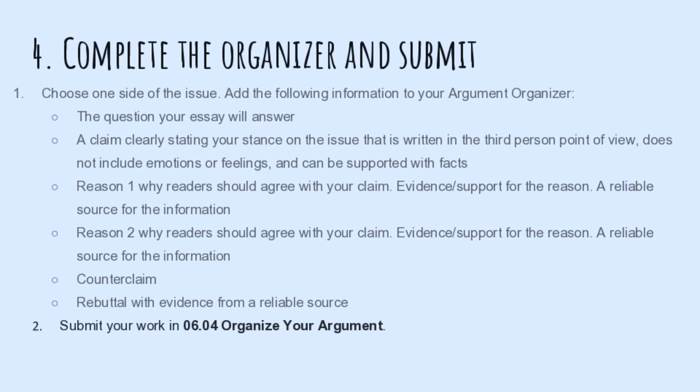Reason 1 why readers should agree with your claim, evidence, a reliable source. Reason 2 why people should agree, evidence, a reliable source. Counterclaim and rebuttal with evidence from a reliable source. Okay, questions on that?